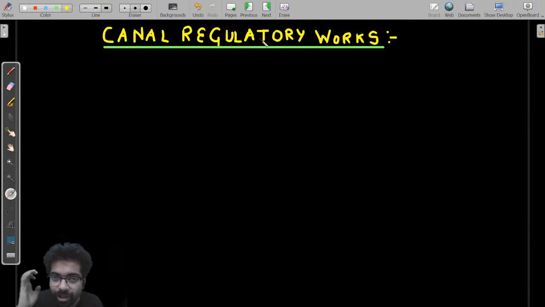One is your depth of water, next one is your velocity of water, and the last one is your discharge. So the structures or devices which are constructed on my canal in order to regulate or control three things, mainly the depth, the velocity, and the discharge.